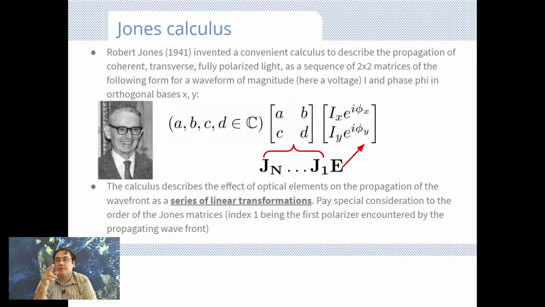So as you can see, A, B, C, D are all complex valued parameters, and that matrix can be decomposed into several different matrices, each describing a different effect. So the effect closest to the propagating signal is marked J1, and the effect furthest away from the propagating signal, so closest to our final measurement, is Jn.